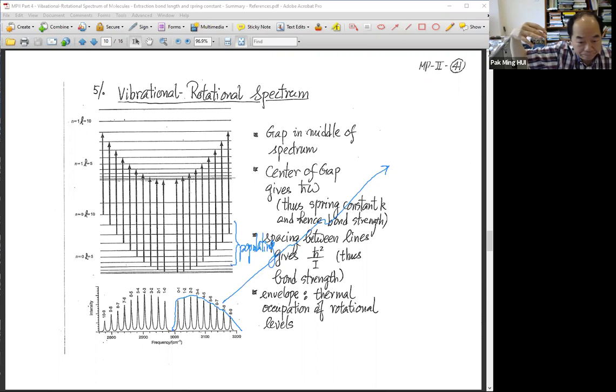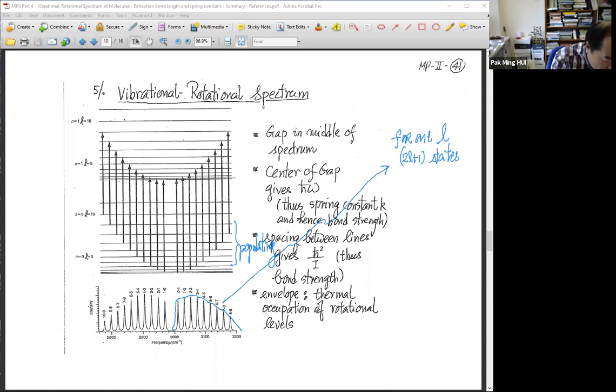Following me? Now, do you remember that for one value of L, actually there are 2L plus 1 states, for the reason that there is an M, Y_L,M(theta, phi) are the solutions. So you have an M there. Do you follow me?